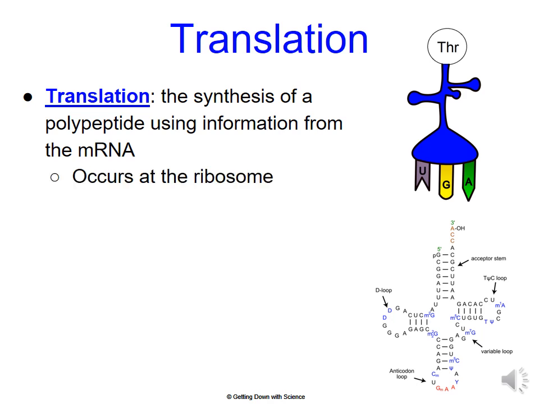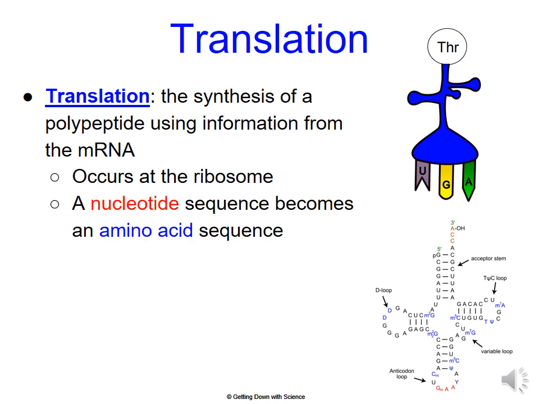This process occurs at the ribosome, so all types of cells will do this. And the nucleotide sequence becomes an amino acid sequence. I think of translation as going from one language to another, and here we're going from the language of nucleotides to the language of amino acids.